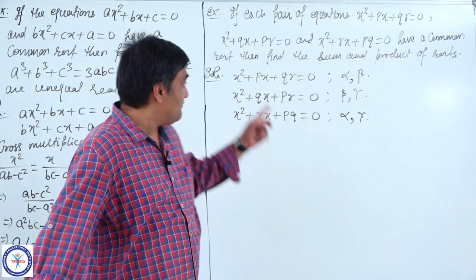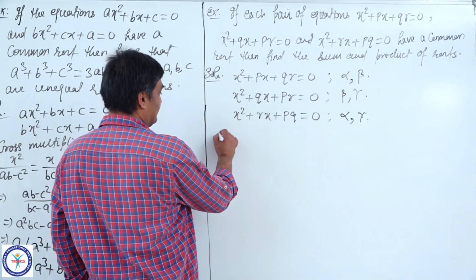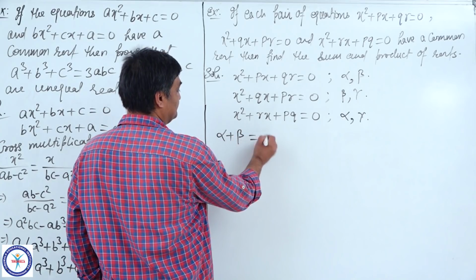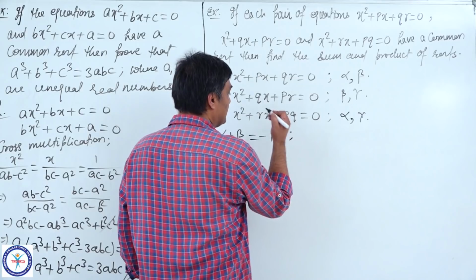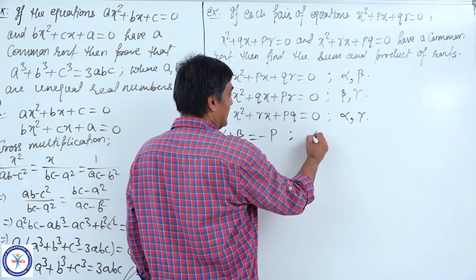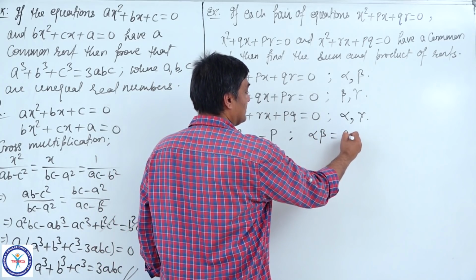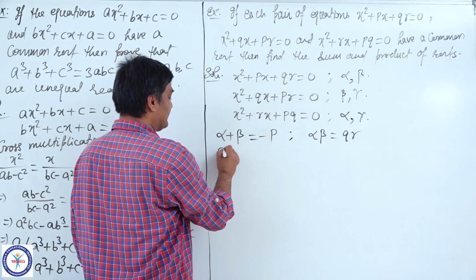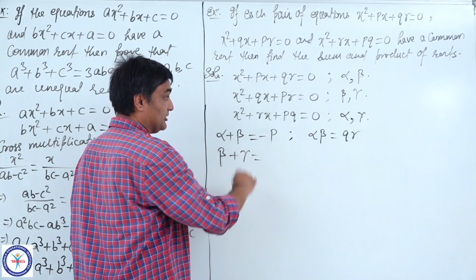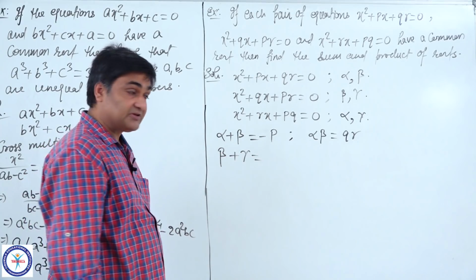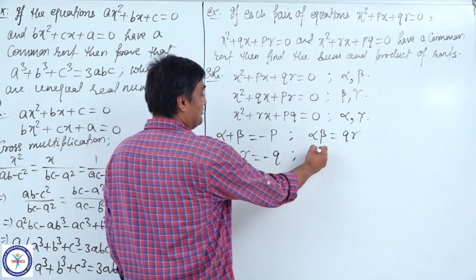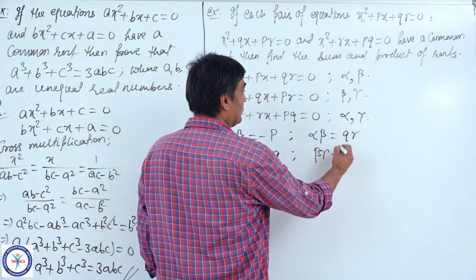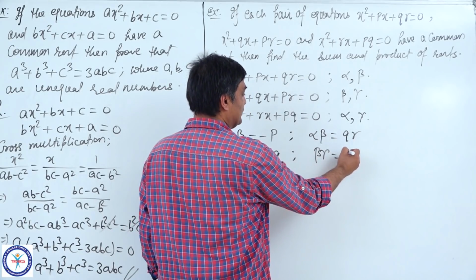Now, from the first, what is alpha plus beta? Sum of roots, minus p. What is alpha into beta? QR. From the second, beta plus gamma is minus q, beta into gamma is PR.